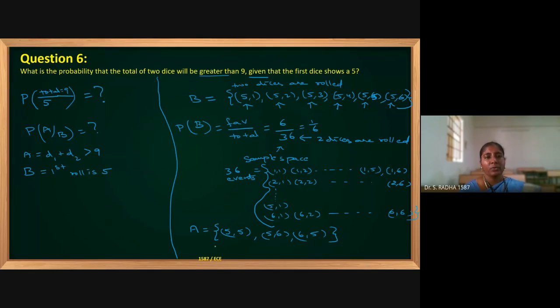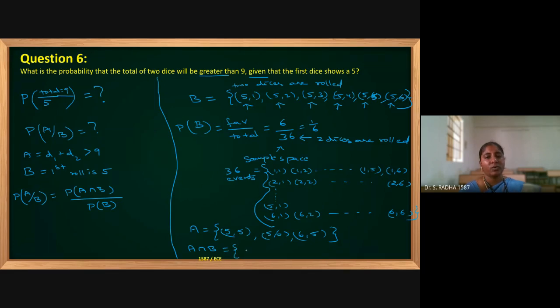Now you know that the probability of A given B is nothing but the probability of A intersection B divided by the probability of B. Now you can see what A intersection B is. The first draw should be 5 and the sum should be greater than 9. What are the events in such a case?